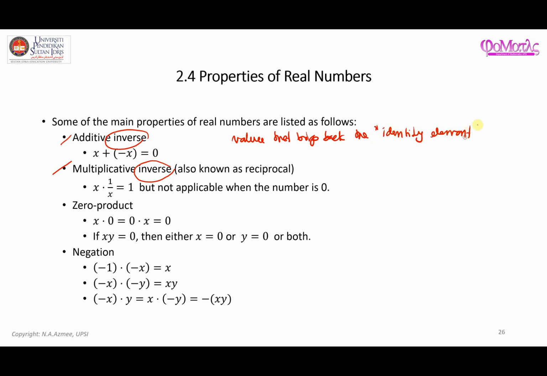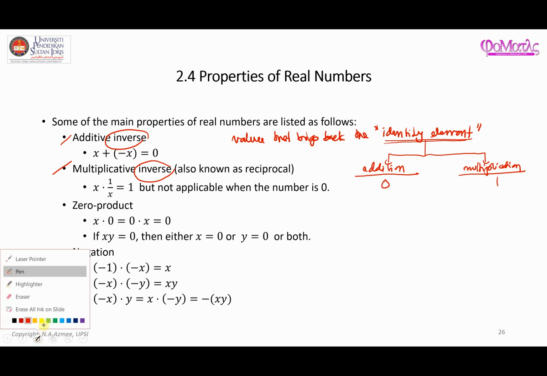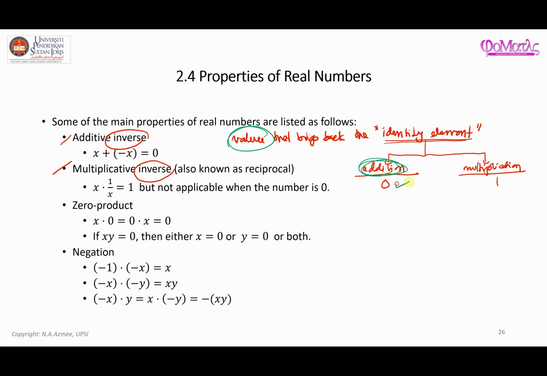Recall that for the addition process, the identity element is 0, and for multiplication, the identity is 1. This is what you have seen in the previous slide. Therefore, we are going to find the value that when you add it to the original x, you will get 0.